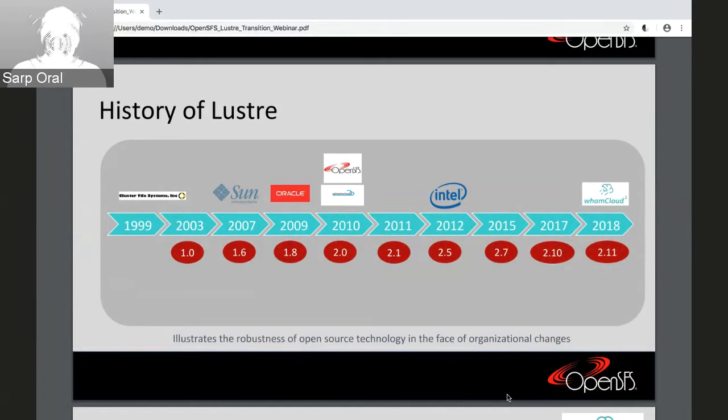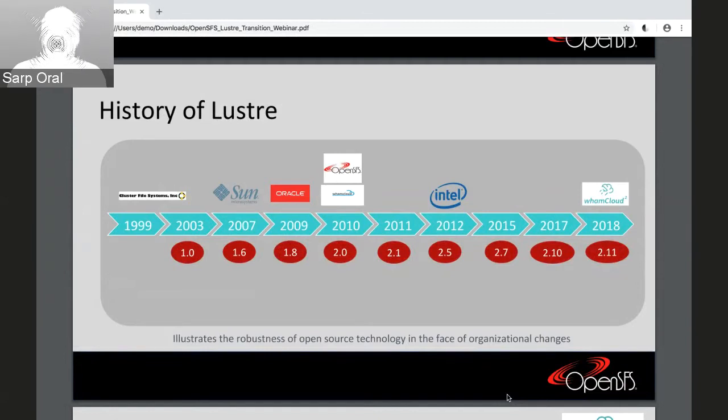Lustre has made a few more transitions since then. Whamcloud became Intel, and then, not shown on this diagram, there was a separate branch which became Seagate, and then following on, Cray. But one thing, as I said, is a constant, and that constant is OpenSFS.